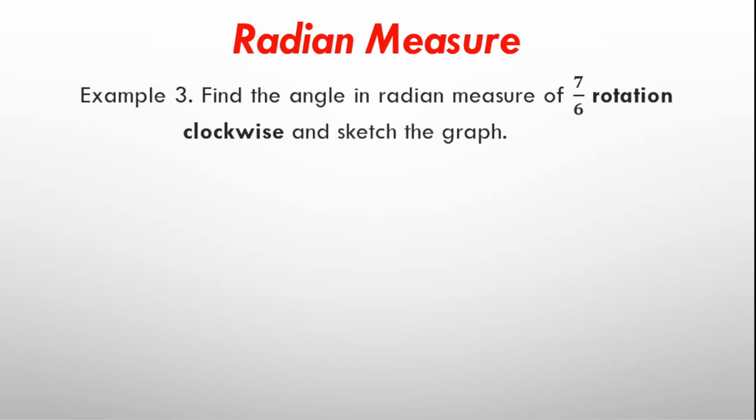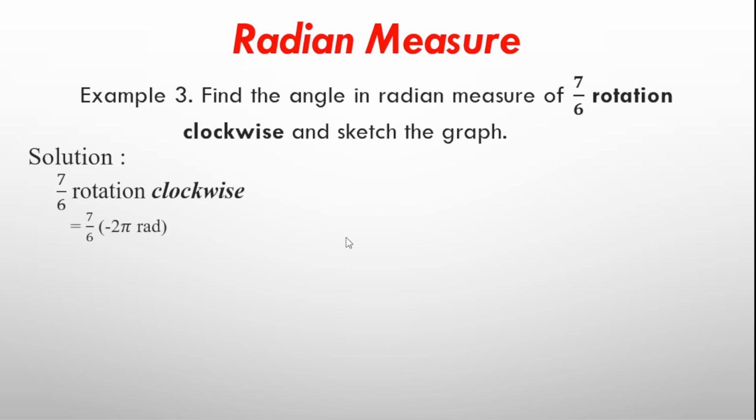Example number 3. Find the angle in radian measure of 7/6 rotation clockwise and sketch the graph. So the rotation is clockwise. It means that we are going to multiply the 7/6 by negative 2 pi radian. So it becomes 7 times negative 2 pi over 6 radian.